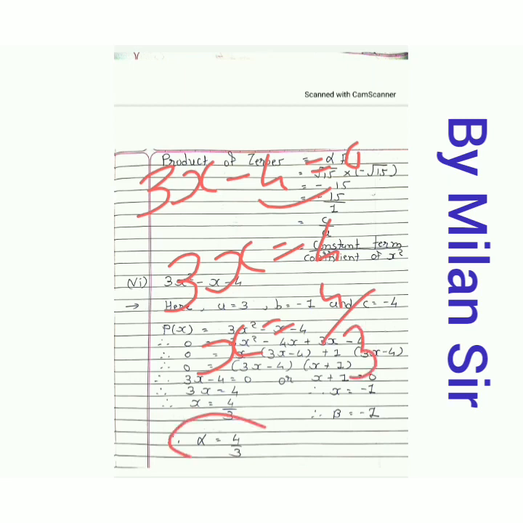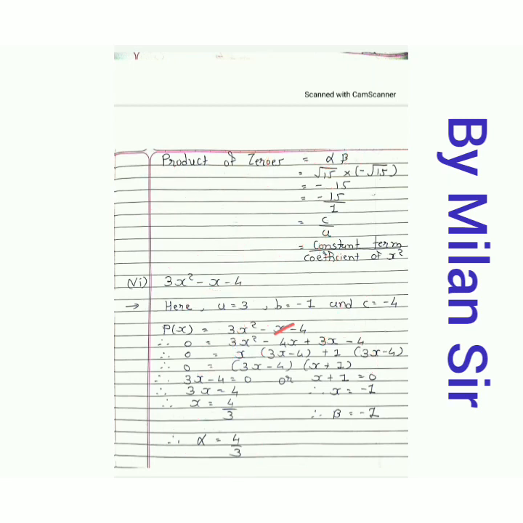This is the value of the first zero, that means alpha. Then solve the second part, x plus 1 equals 0, so transfer 1 to the right hand side, so x equals minus 1. This is our value of beta, the second zero.